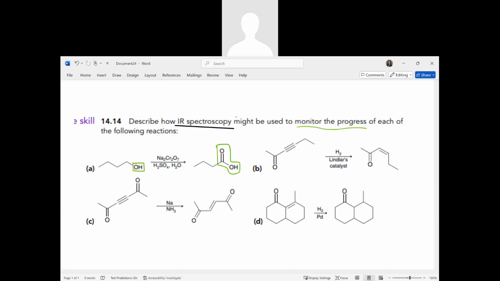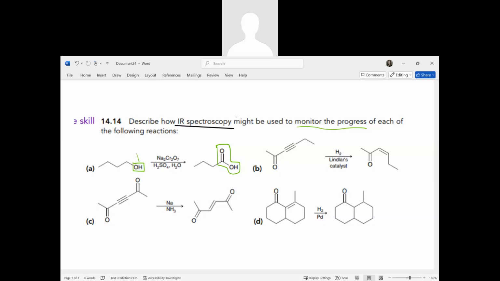So we're going to look for what characteristic stretches and wave numbers of those signals we should expect. Through our analysis of what wave numbers we generate, we can see whether we have a product formed or if we still have our reactant present.